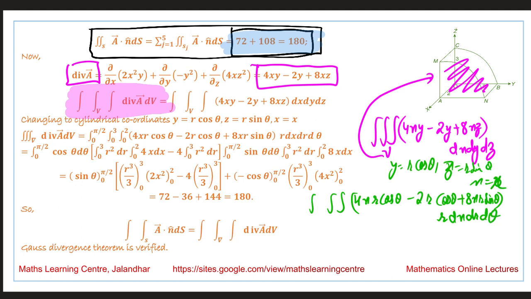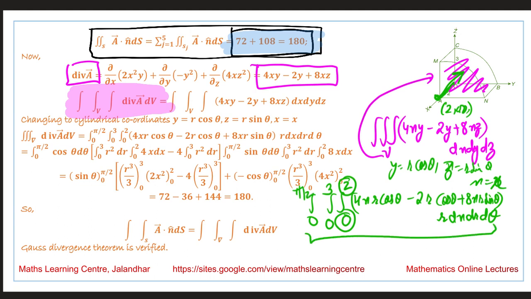The limits for r, the radius vector, vary from 0 to 3. x varies from 0 to 2. At this point we have 2 0 0. And this is the circle in the first octant. If you take the projection in the yz plane, theta varies from 0 to pi by 2. Now if we integrate this equation, the calculations are shown here.